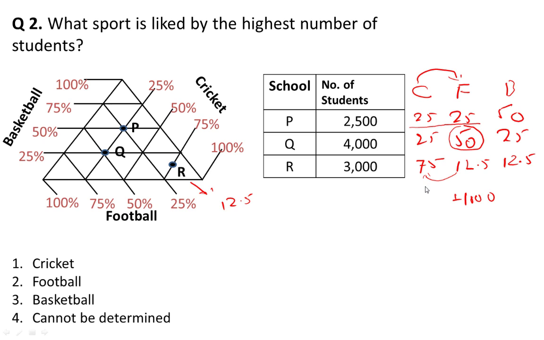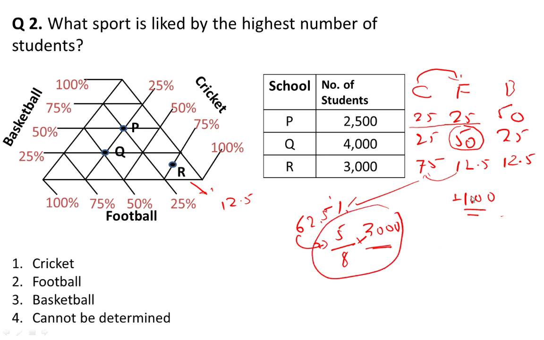The difference is 62.5% more, and 62.5% is nothing but 5 by 8. You must know this percentage to fraction conversion. So 5 by 8 into 3,000. No need of working out the exact number, will it be greater than 1,000 or not? If this result is greater than 1,000, that means cricket must be greater than football.